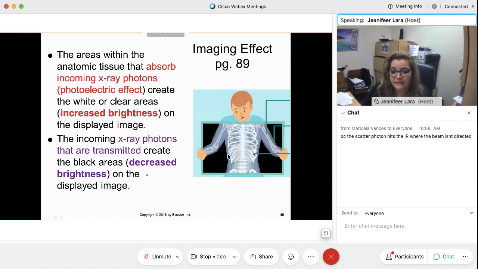If we have decreased or low brightness, then we have high energy because it was transmitted X-rays. Low energy, actually zero energy. Why did I say zero? Why do I say zero for photoelectric effect? Zero energy.